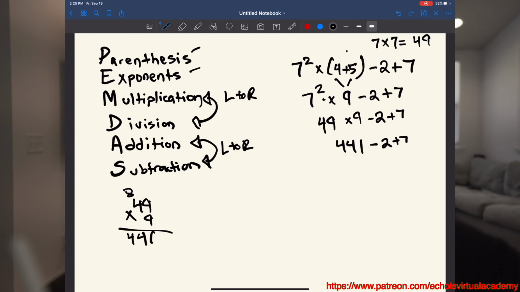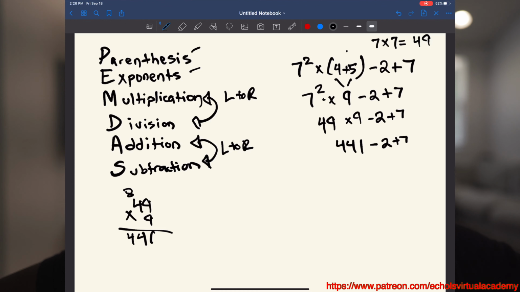We keep rewriting it. And now we remember it says addition next, but addition and subtraction, it matters left to right. Remember that, left to right. So first we do 441 minus 2. 441 minus 2. You gotta borrow. So you turn that 4 into a 3.